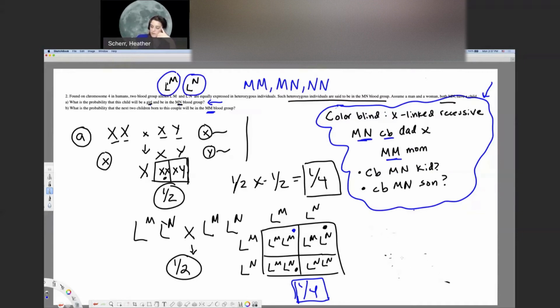Let's see. The mom, not colorblind, I mean, for colorblindness, yeah. The dad is colorblind.